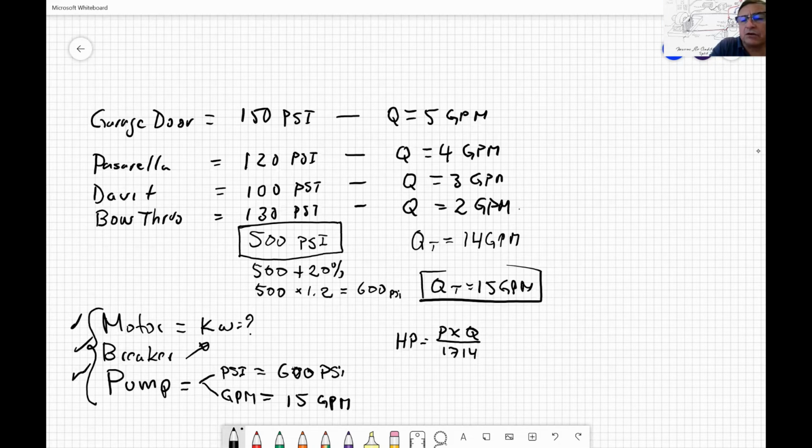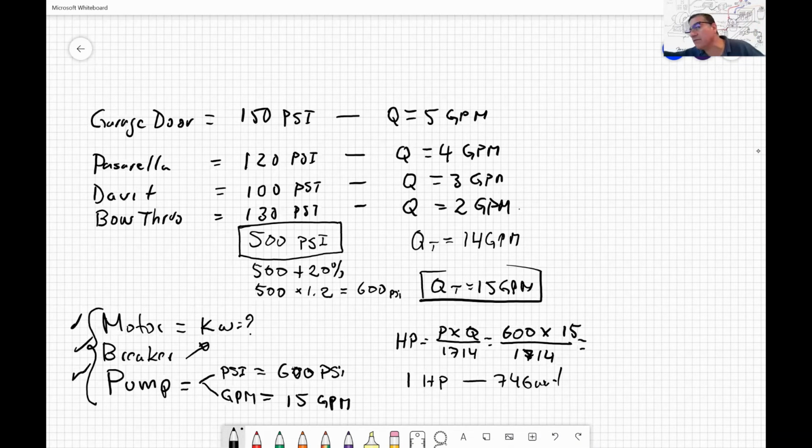I have the total pressure, 600, times the flow, 15, divided by 1714. All right, this is the horsepower, but I need the kilowatts. How do you convert? For every horsepower, it's 746 watts. Correct. And how much is that amount of horsepower? 600 times 15 divided by 1714.